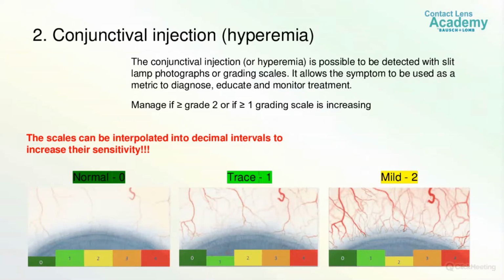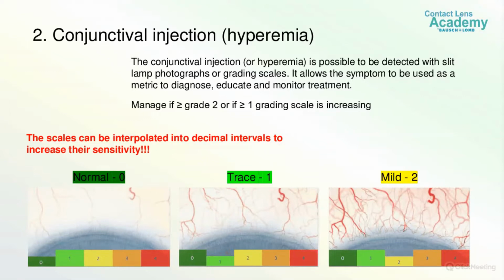And I would like to draw your attention, colleagues, that if you see an increase of one or two grades on the grading scale, you could suppose that the condition is worsening.